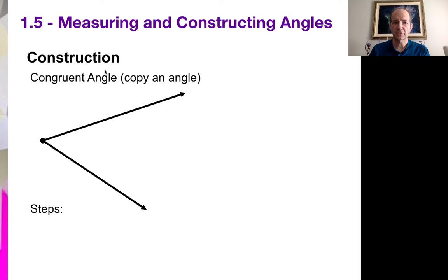So if we're going to construct what's called a congruent angle, which is copying an angle, we're going to take an angle that already exists, and then we're going to somehow construct it somewhere else on the paper. And it can be pointing in any direction. It could even be pointing in the opposite direction, as long as we're copying the angle itself. And I will leave that to you to go and practice that.